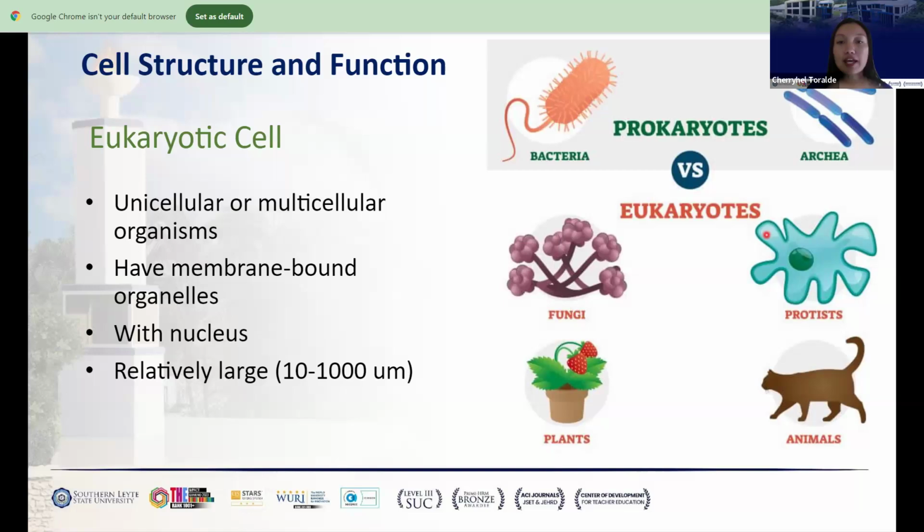And then, if you move to the more complex living organisms, you will have different multicellular organisms, from plants to animals. Yes. And of course, they have a nucleus. And aside from that, they have membrane-bound organelles.